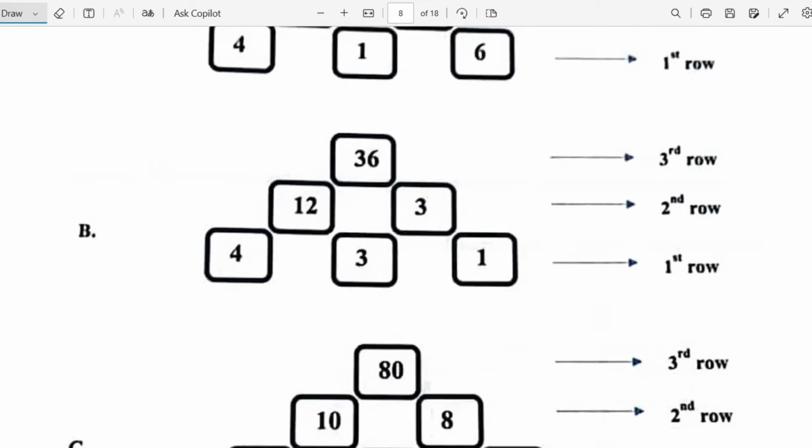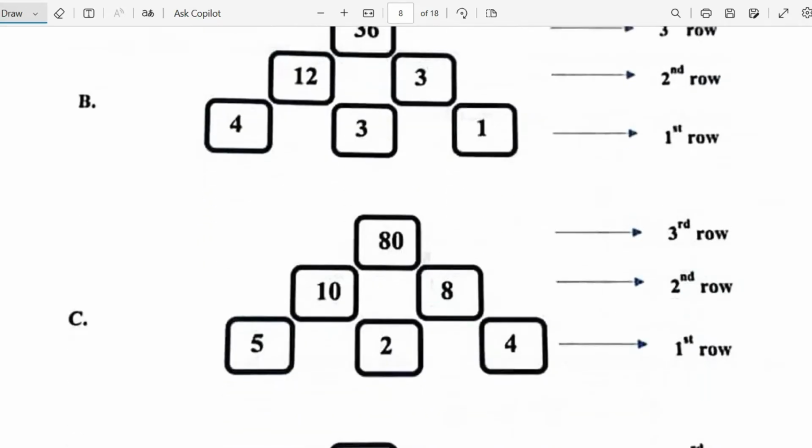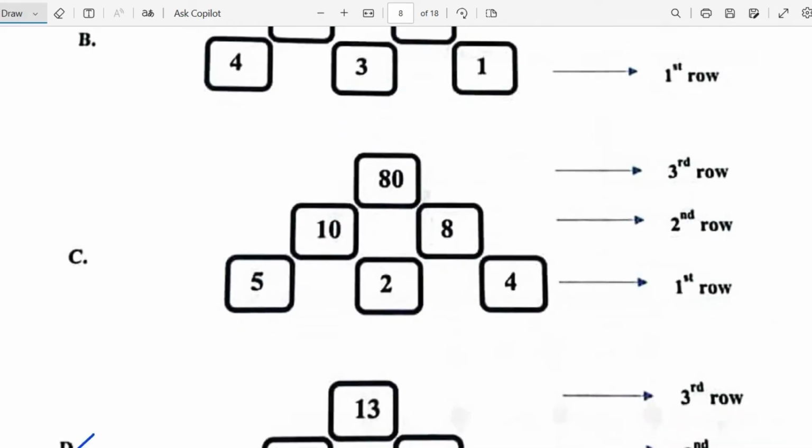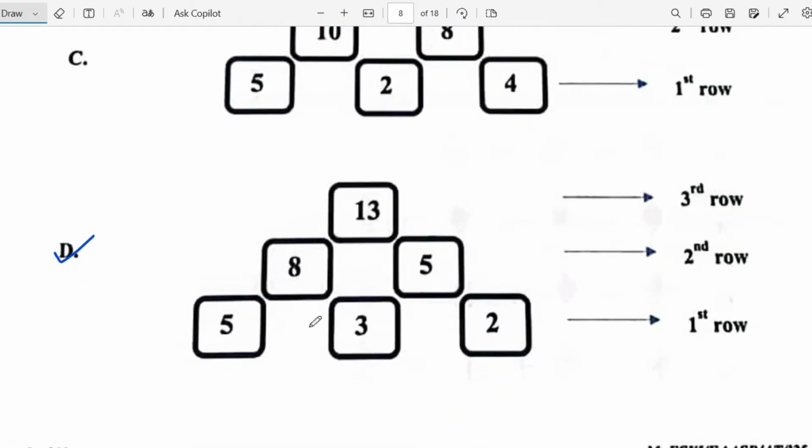That applies. 5 times 2, 10. 2 times 4, 8. And 10 times 8, 80. That also applies. 5 times 3 is not 8. And 3 times 2 is not 5. And neither is 8 times 5, 13. So the correct answer is D.